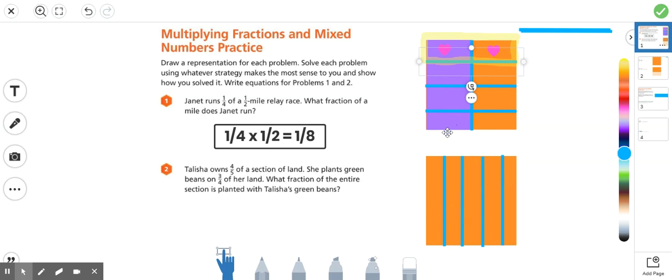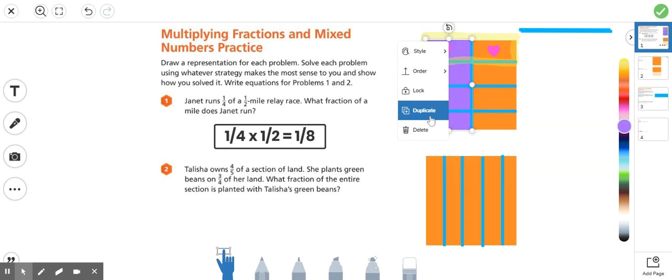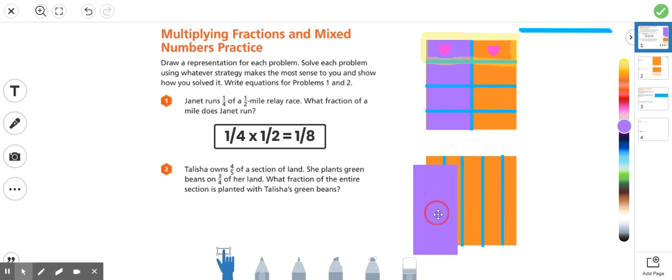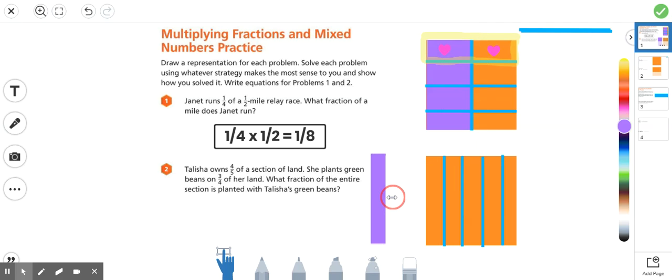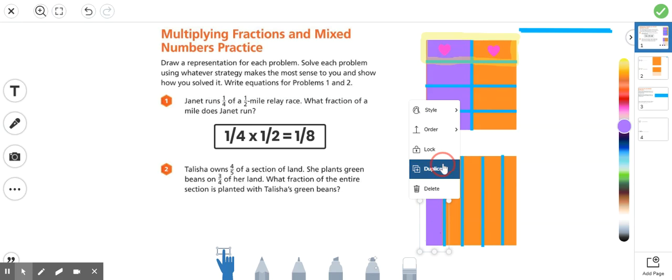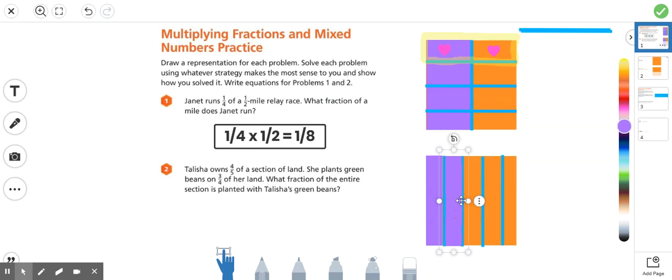So let's see if I can get this duplicated. There we go. So I'm going to duplicate this purple, but I'm going to make it really skinny here. And for me as a perfectionist, sometimes I can get a little bit like, oh, that doesn't look exactly perfect. So remember, we're not looking for perfection here.